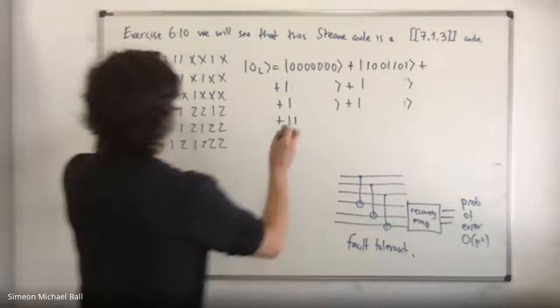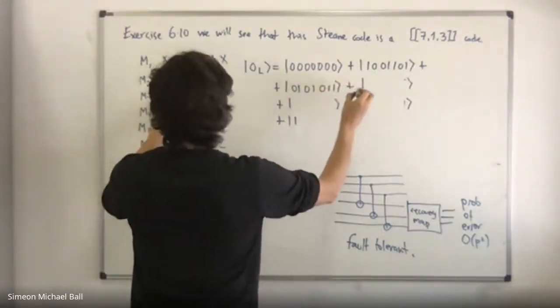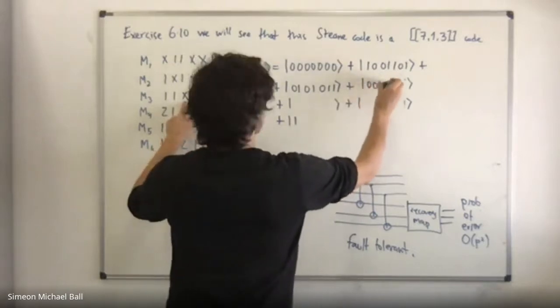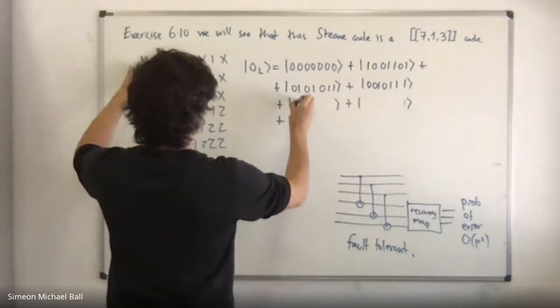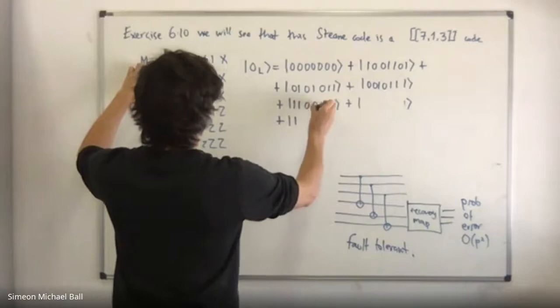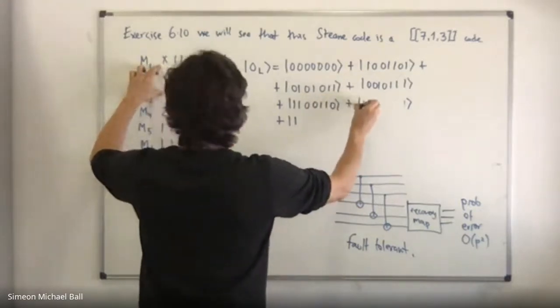Okay, well, so this is going to be 0, 1, 0, 1, 0, 1. This one is going to be 0, 0, 1, 0, 1. And then these two are going to be 1, 1, 0, 0, 1, 1, 0.